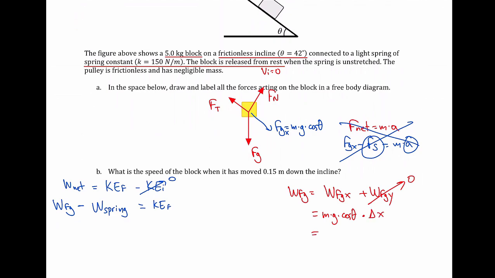Now the mass is 5, the g I will consider it 10, multiplied by cosine of 42, multiplied by the distance that it is 0.15 meters. So this is the value, so 50 times cosine 42 multiplied by 0.15.